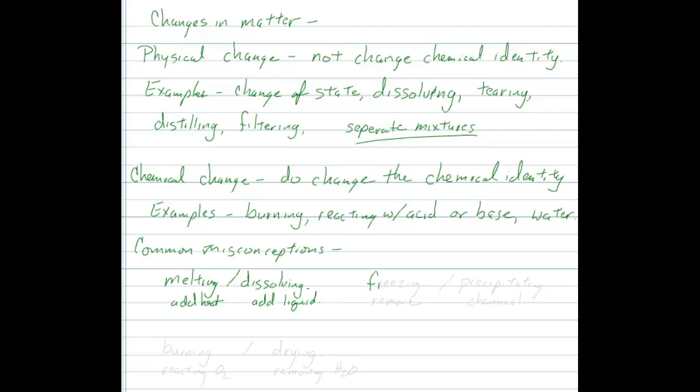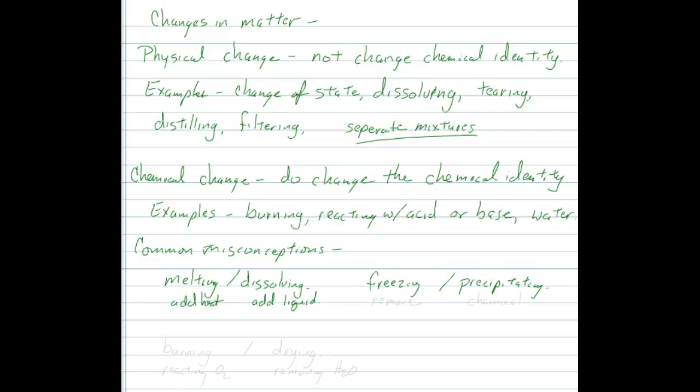Freezing and precipitating. People tend to confuse those for some reason. Freezing, you're removing energy to make it a solid. Precipitation, or precipitating, is where you mix two liquids together and you form a new chemical compound.